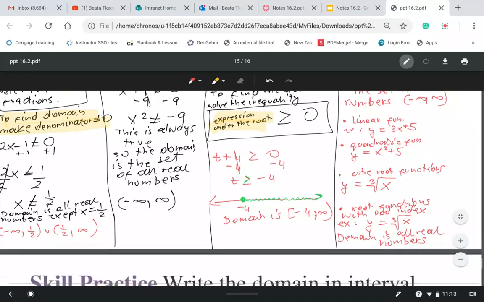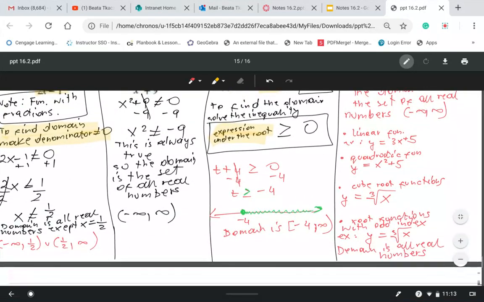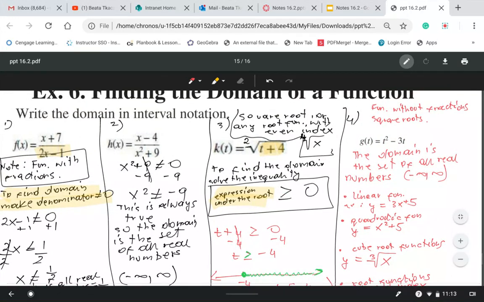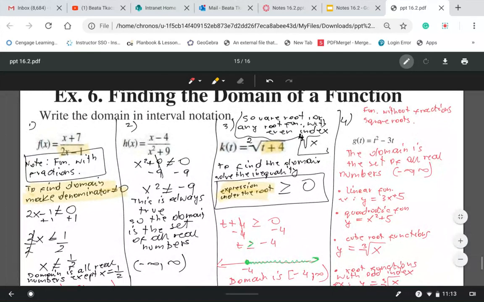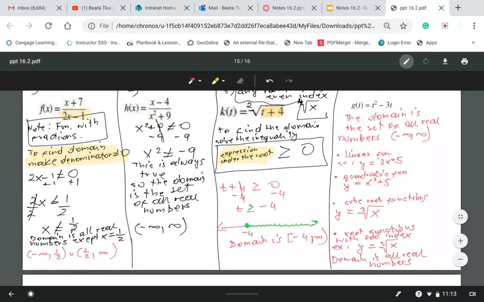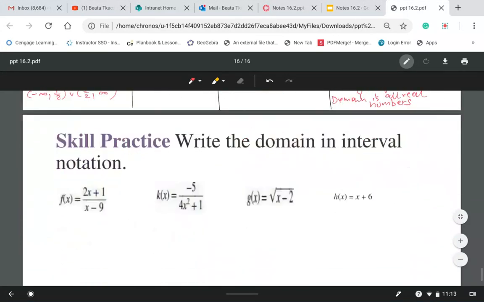Okay, I was able to squeeze that in because I'm trying to keep everything in one place. So make sure that when you're solving problems and have to find the domain, you go back to that slide and see how you find the domain, especially when you don't have a graph and you only have an equation.